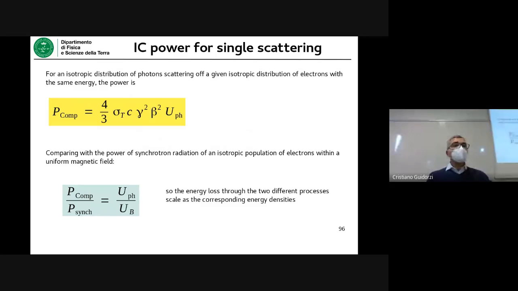So in a region where the energy density associated with the magnetic field is much stronger, it means that most of the electrons will lose most of their energy through synchrotron emission rather than inverse Compton. So the ratio of the two energy densities immediately tells you which is the dominant process, if there is any. If they are comparable, of course, the ratio is close to 1.